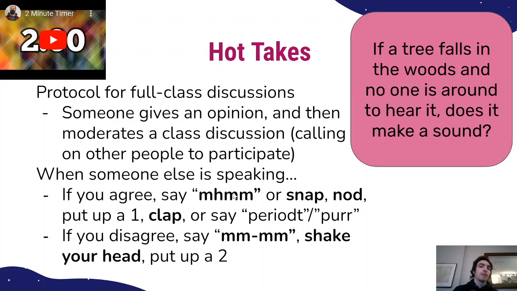If they don't feel comfortable making that much noise, they can put up a 1. If they really agree with something, they can clap. I won't say this word, but students can say these words without it being problematic. So that has been added, and you can add all kinds of things for your students to say to show that they are actively listening or that they agree. On the disagree side, they can shake their head, they can put up a 2, and obviously that list can grow.